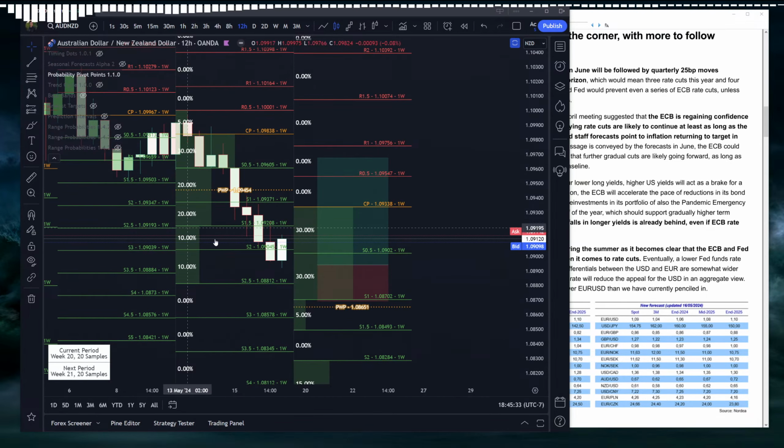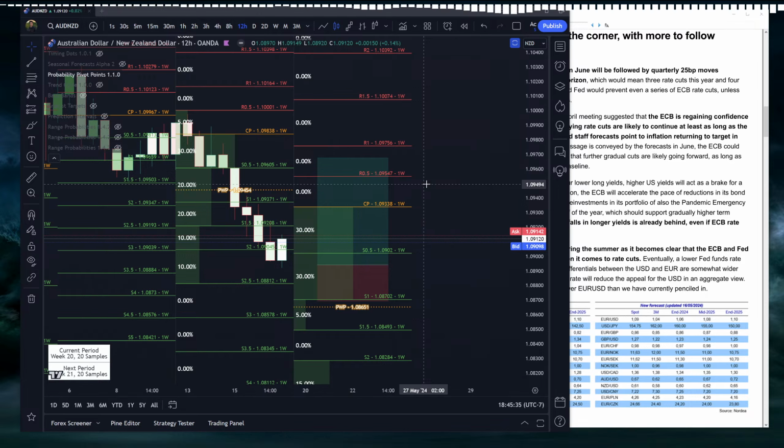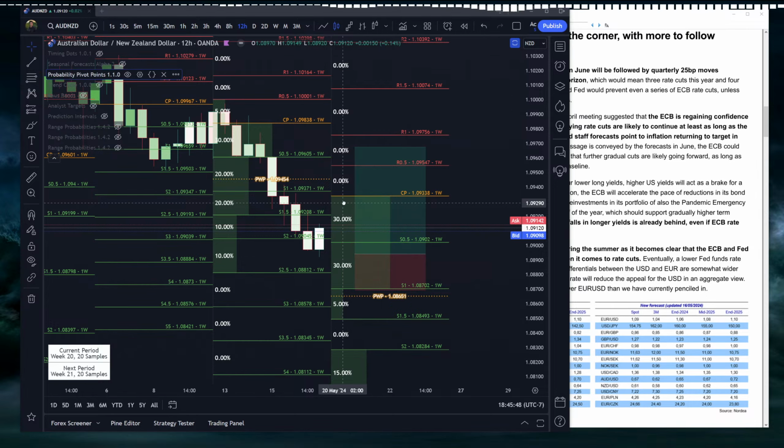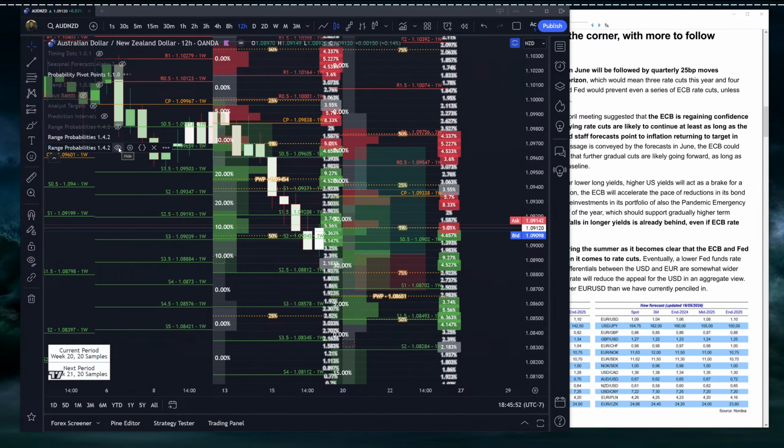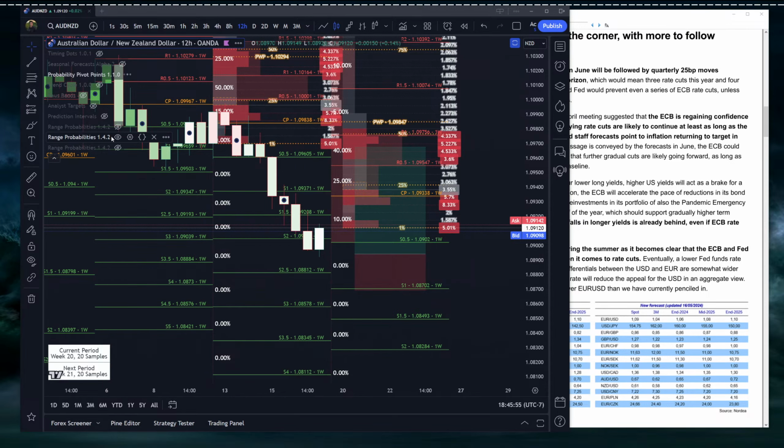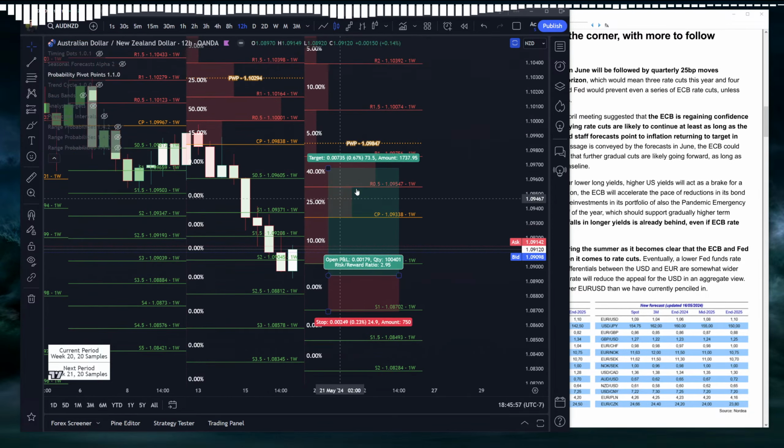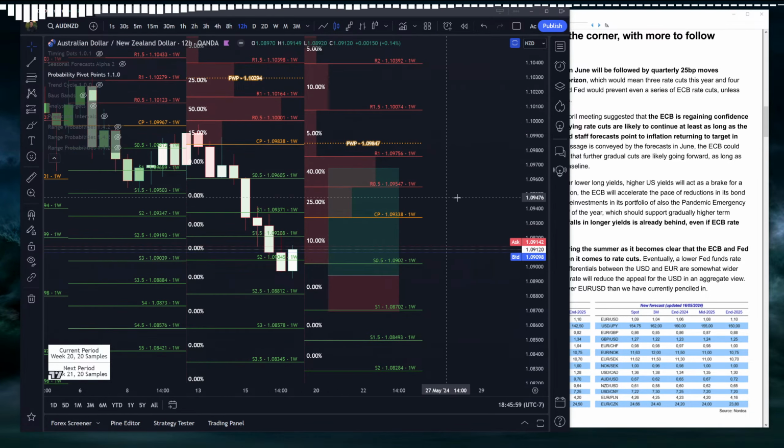I'm not too sure we're going to get enough volatility here unless the growth, the PMIs for New Zealand, do astronomically well. So yeah, now let's check out the highs real quick. Yeah, a lot of highs end up around there.